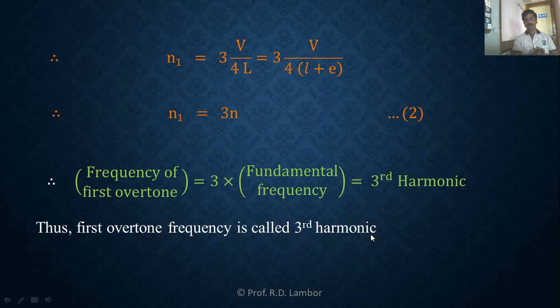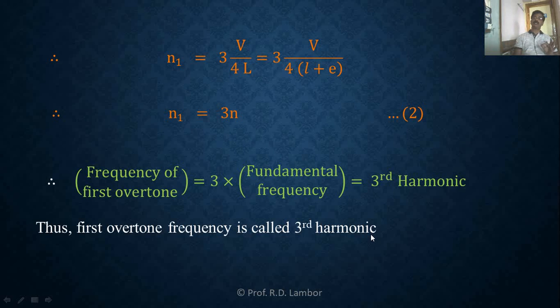So in this way we find the expression for frequency of vibration for the second mode of vibration. आणि सेकंड मोड ऑफ व्हायब्रेशन मधील फ्रिक्वेन्सीला तुम्ही फर्स्ट ओव्हरटोन फ्रिक्वेन्सी म्हटलात अँड ऑल्सो कॉल्ड एज थर्ड हार्मोनिक बिकॉज इट इज 3 times fundamental frequency.